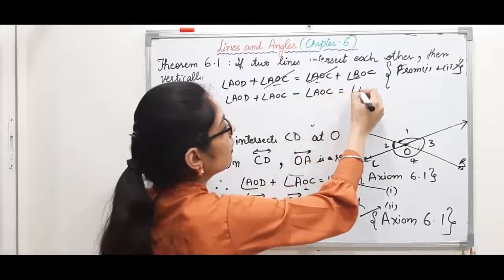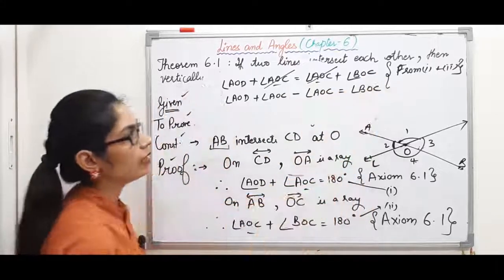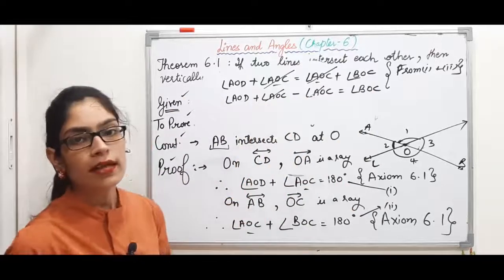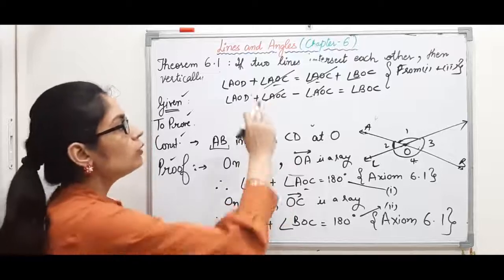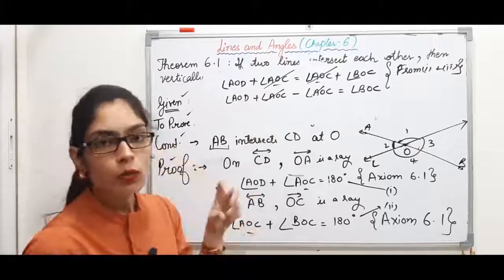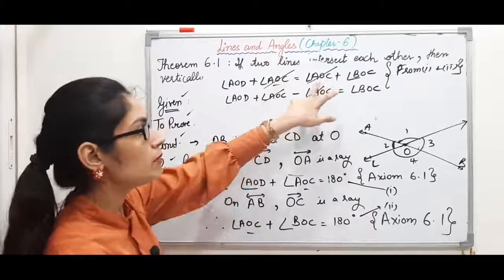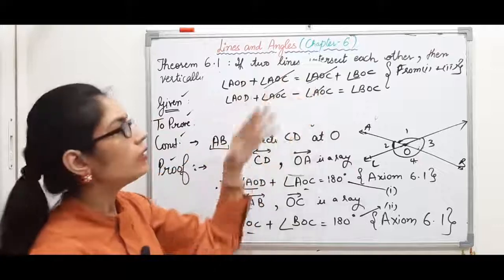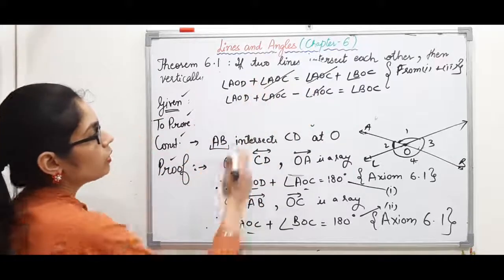It is equal to angle BOC. Let's keep BOC on that side only. So AOC minus AOC we can directly cancel because it will be 0. Whenever any two same terms with same signs are on both sides of the equation, you can directly cancel.